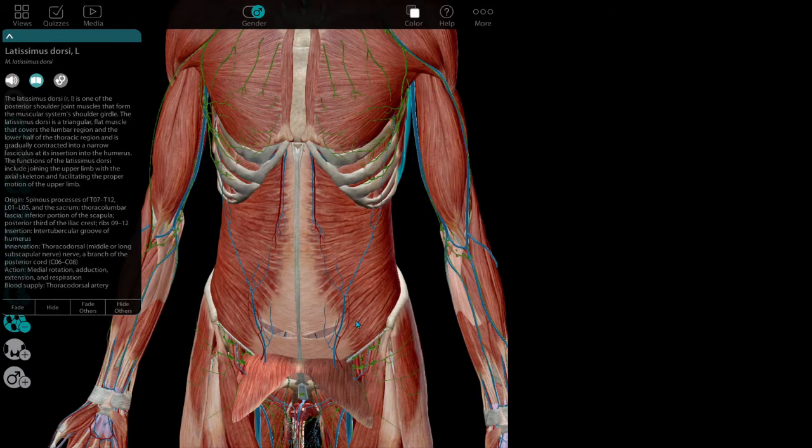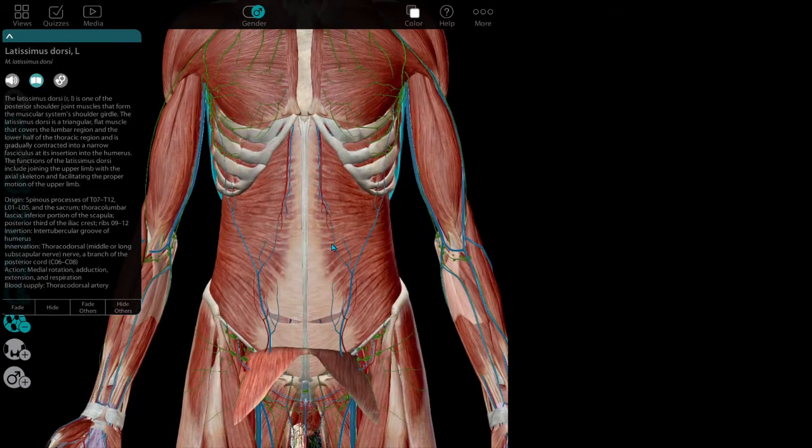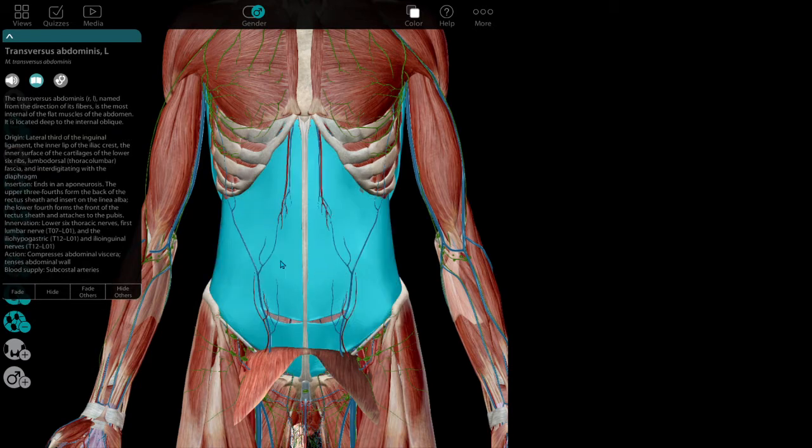Its action includes rotation, abduction, and extension, and it also helps in respiration. Its origin is the lateral inguinal ligament, inner leaf, and its insertion is at the aponeurosis, at the back.